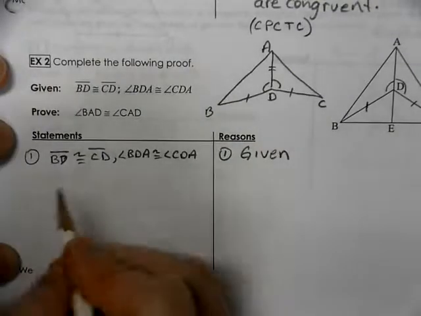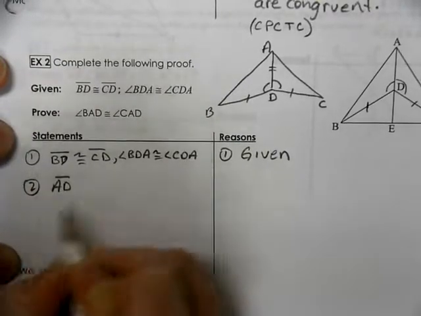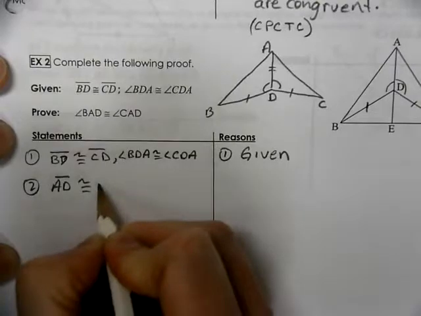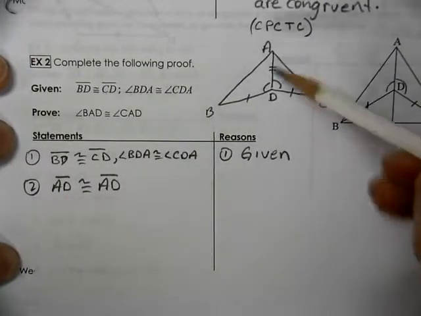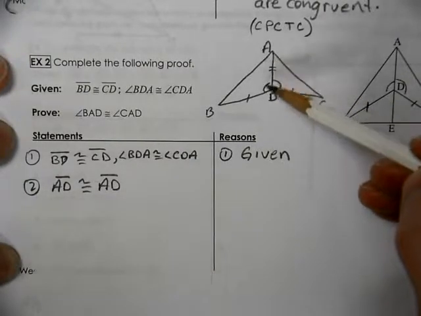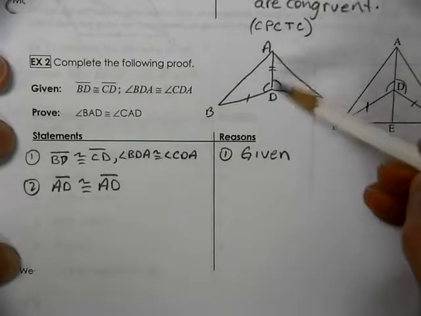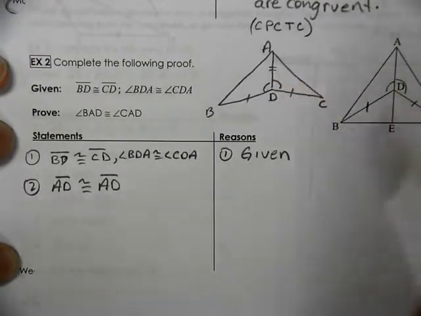I also noticed that the reflexive property, segment AD, was going to be congruent to segment AD. We have the letters going in the same order because we're going from the unmarked angle to the marked angle in both cases, A to D, A to D, so the shapes are not twisted.